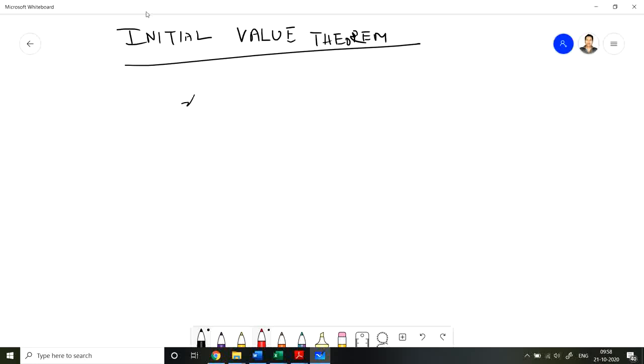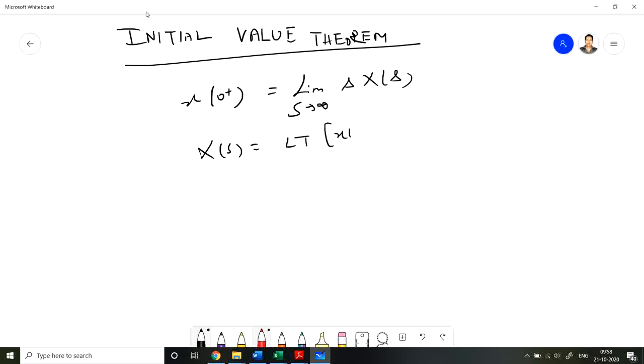According to the initial value theorem, the initial value x(0+) is equal to the limit as s tends to infinity of s into X(s). X(s) is basically the Laplace transform of x(t). Let us prove the initial value theorem.